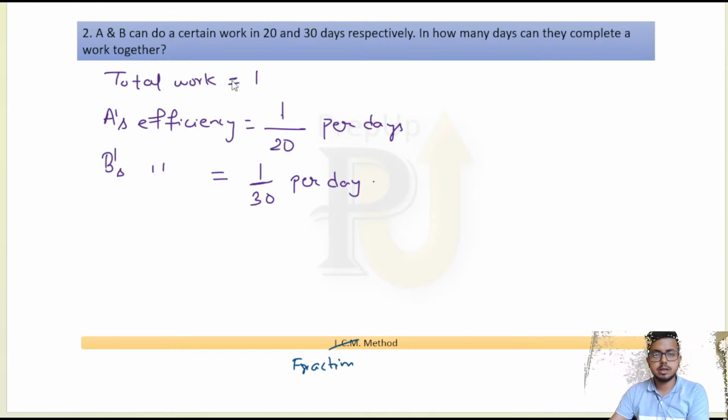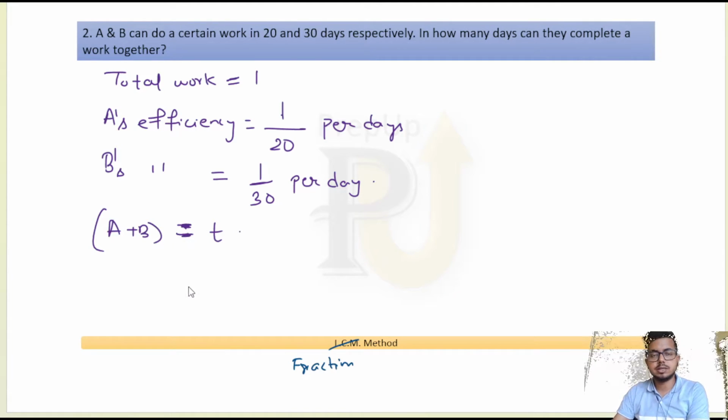The total amount of work could have been anything, but we have taken it as 1. Now how would we reach the final answer? Let us take A plus B's time, the number of days taken, as t.